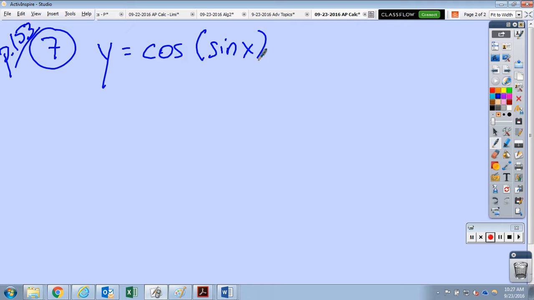I don't teach it this way, but if you wanted to do the chain rule as defined on page 149, they say that dy/dx is equal to dy/du times du/dx. So f of g of x prime is equal to f prime of g of x times g prime of x.